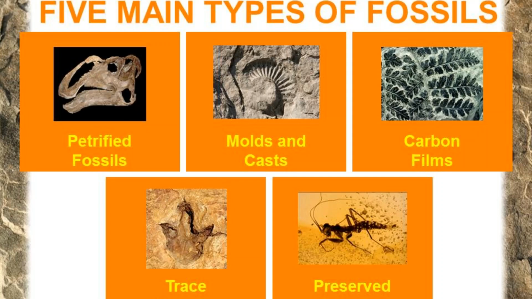And lastly, there are trace fossils. These are stuff like animal burrows, sometimes egg remains, dinosaur trackways are another common one. So it's not the direct fossils of the animals, but impressions that they left behind that they were here.